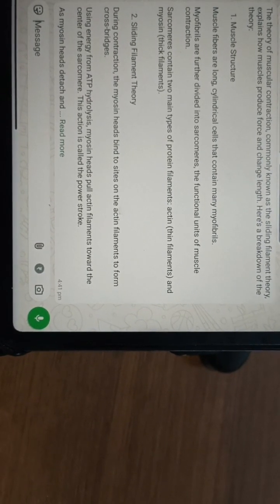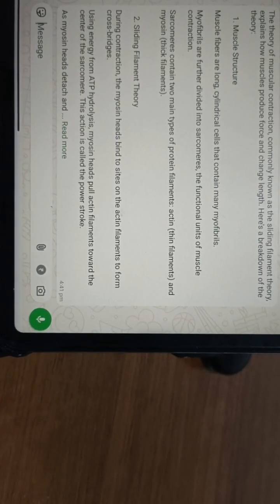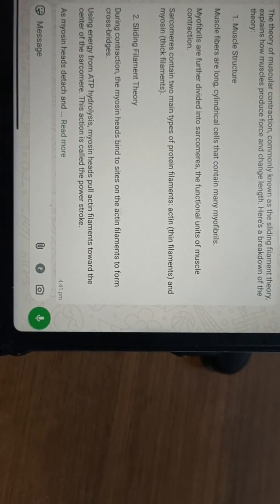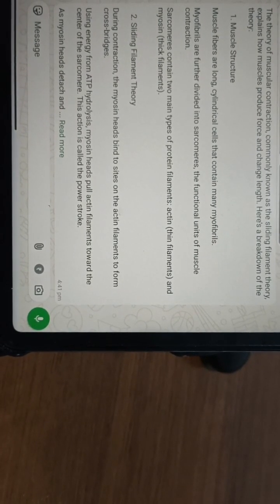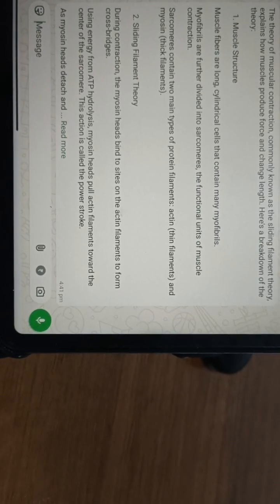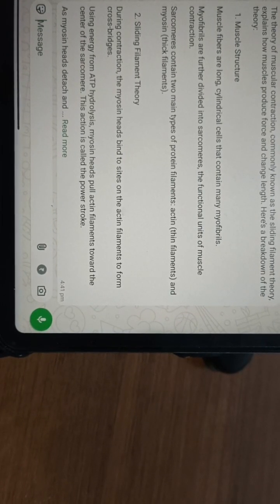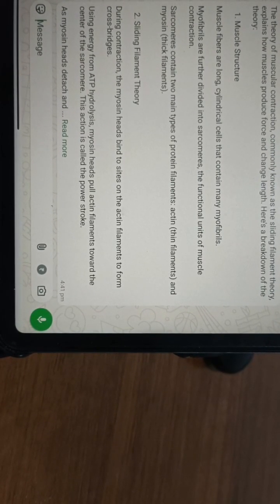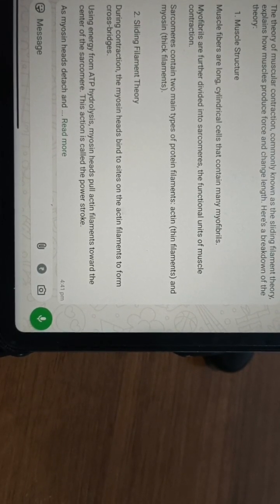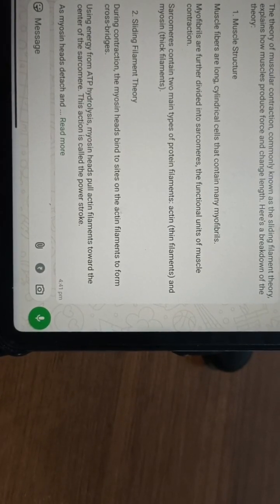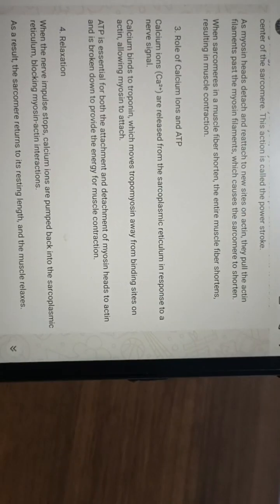Sliding filament theory. During contraction, the myosin heads bind to the actin filament to form cross bridges. Using energy from ATP hydrolysis, myosin heads pull the actin filament toward the center of the sarcomere. This action is called the power stroke.